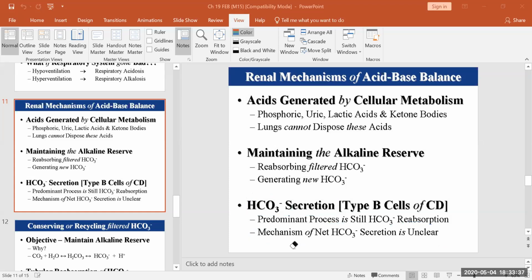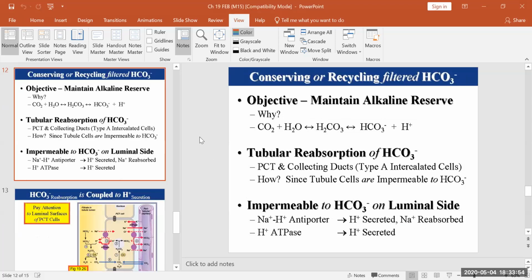So with that said, let's go over and see how all of this is panning out. How do we reabsorb filtered bicarbonate, and how do we generate new bicarbonate? So here, conserving or recycling filtered bicarbonates. Again, this bicarbonate was filtered by the glomeruli.